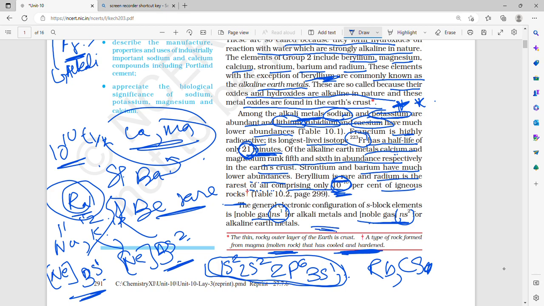So this is the electronic configuration. For alkali metals, it is first the noble gas configuration, or if there is no noble gas, that is for the first elements, lithium and all, then also ns1, or if it is alkaline earth metals, then ns2.